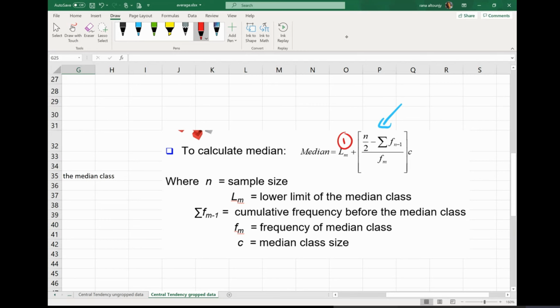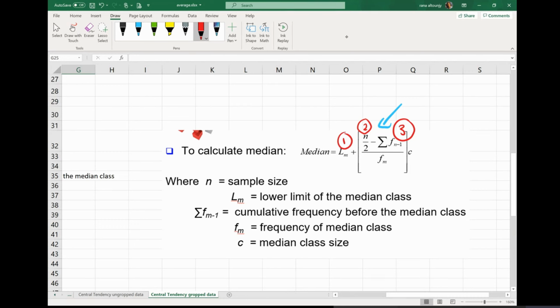Second, we have n divided by 2. You know n is the sample size. Then we have the sum of F(n-1), the cumulative frequency before the median class. Fm is the frequency of the median class.